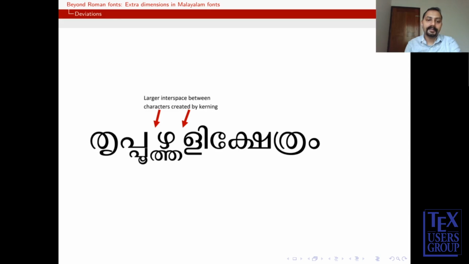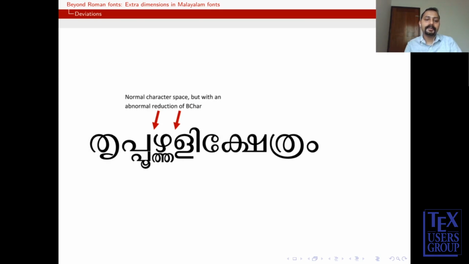And if we extend the below base character, the left bearing and the right bearing, there is a lot of interspace before the character and after the character, and that is not very aesthetically pleasing, or it causes a jump in the readability of the text.